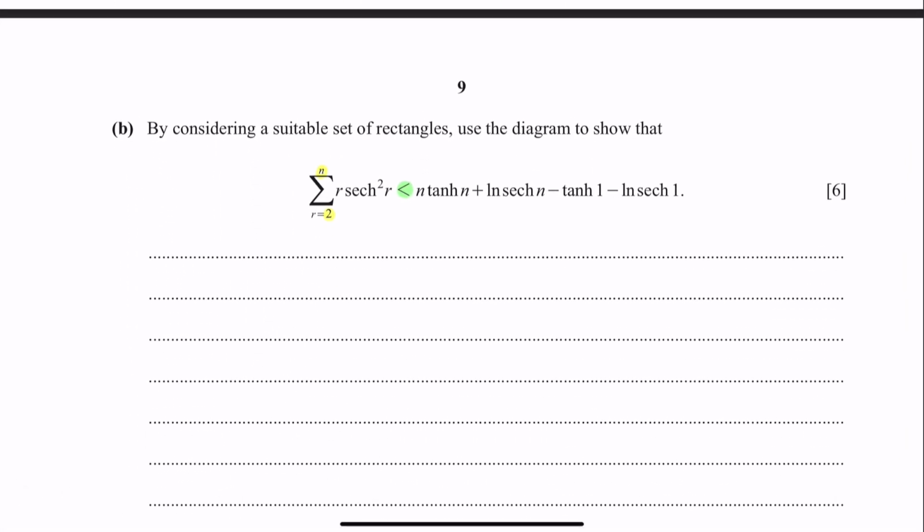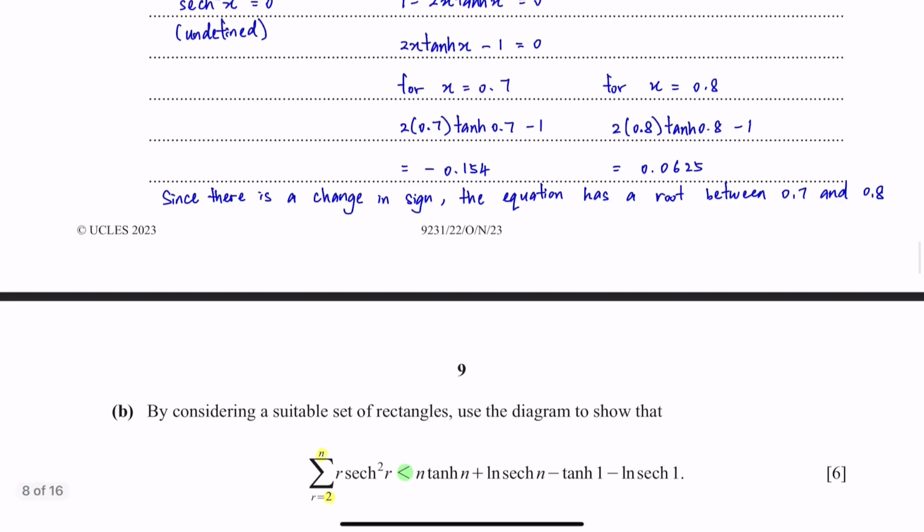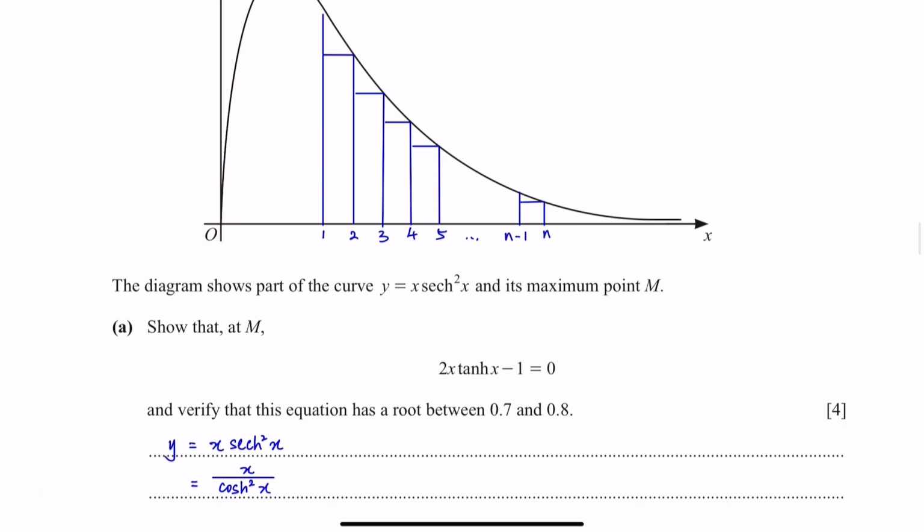So the sum of areas of rectangles is basically width times height. For every rectangle, we have the width of 1, right? You see that the intervals are basically 1. And the height for the first rectangle would be 2 sec squared 2. And for the second one, it will be 3 sec squared 3, so on and so forth.